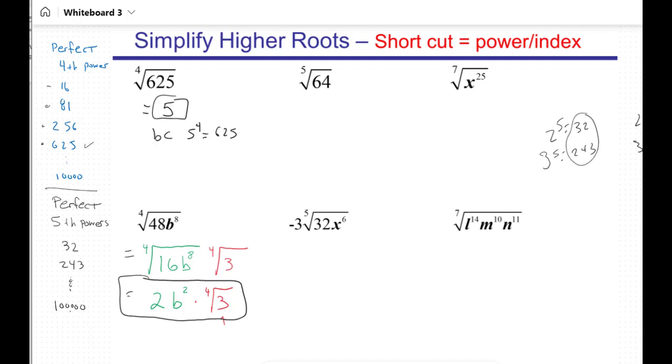These are really the only two fifth power numbers that you need to know. It'll help you. Anything bigger than those, if they're fifth powers, just use your calculator and check with your calculator.